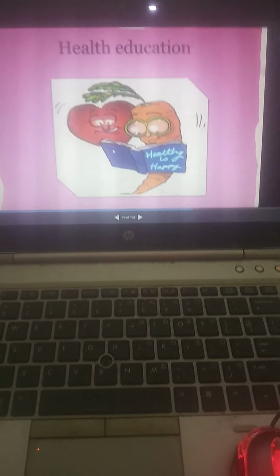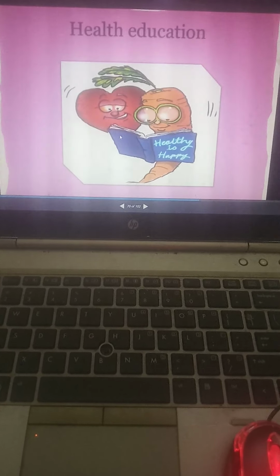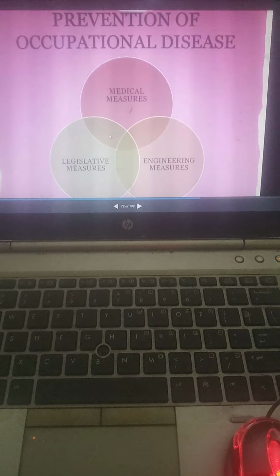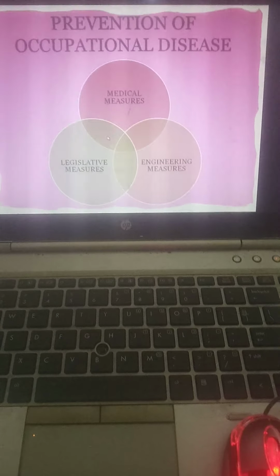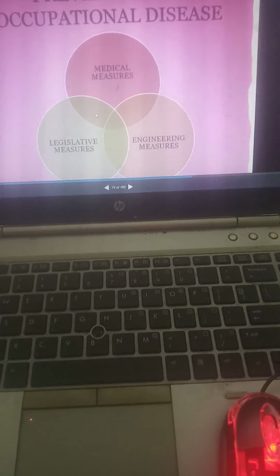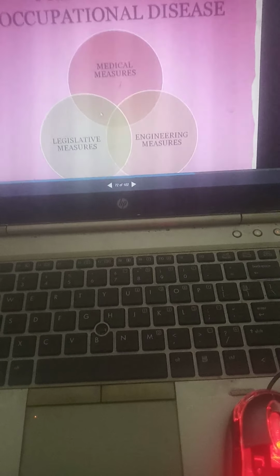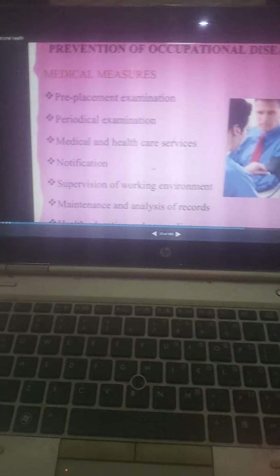Health education again is very important. So family planning is important. Prevention of occupational diseases includes medical measures. Now this is a very important topic. Prevention of occupational diseases includes medical measures, legislative measures and engineering measures. We will discuss it in our forthcoming lecture.